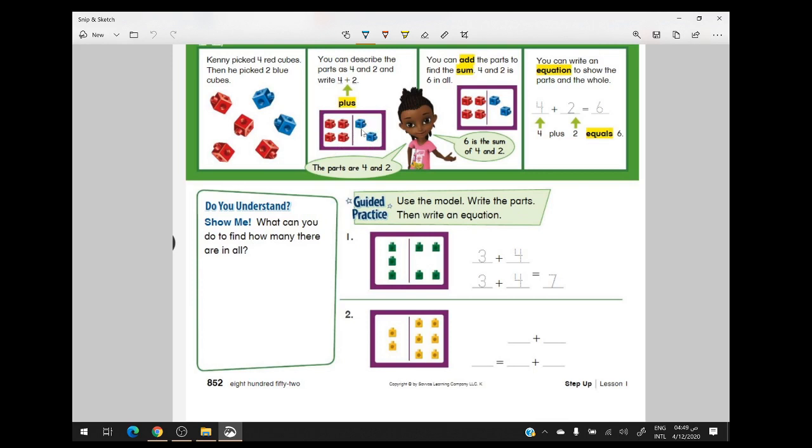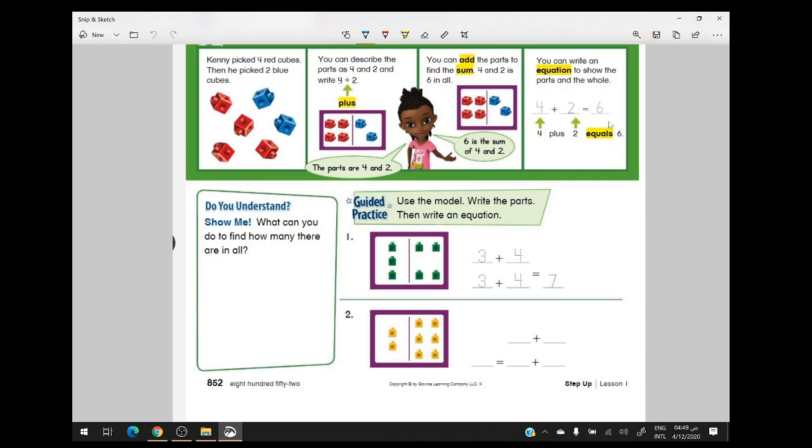We made 2 groups. In all, I have 1, 2, 3, 4, 5, 6 cubes. So the equation will be 4 red cubes plus 2 blue cubes equals 6 cubes together. So our equation will be 4 plus 2 equals 6.